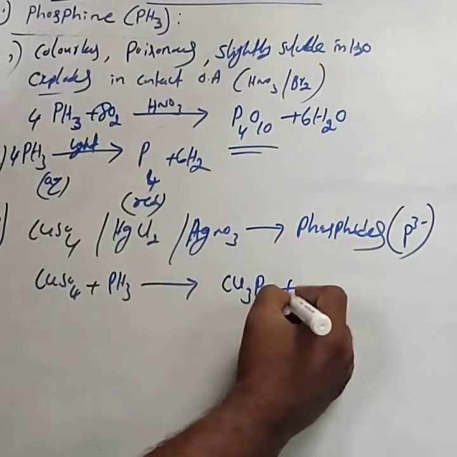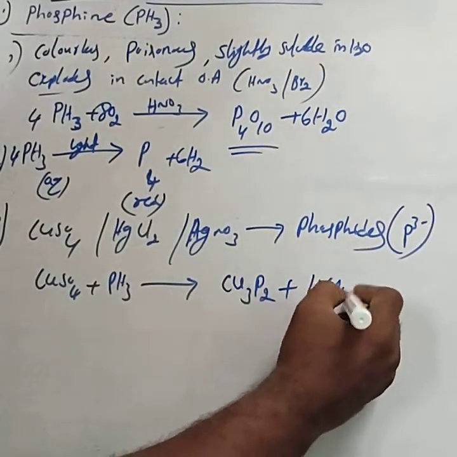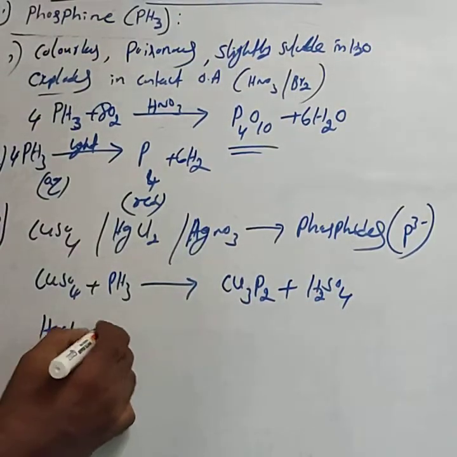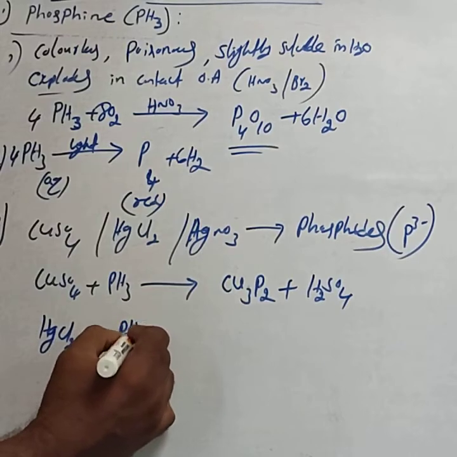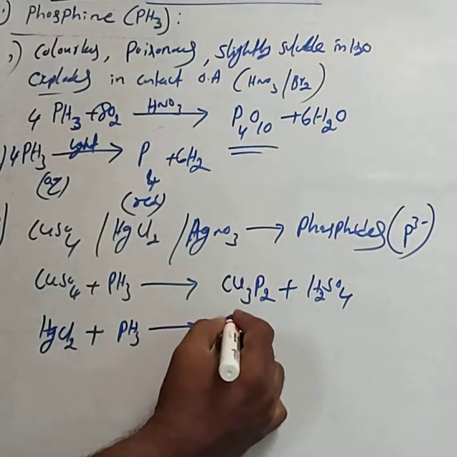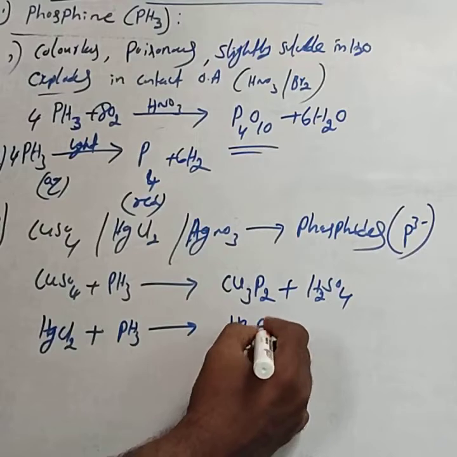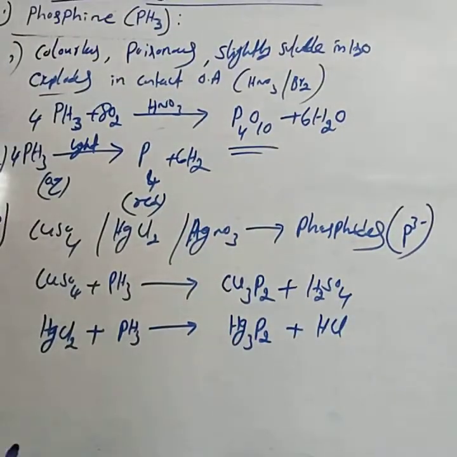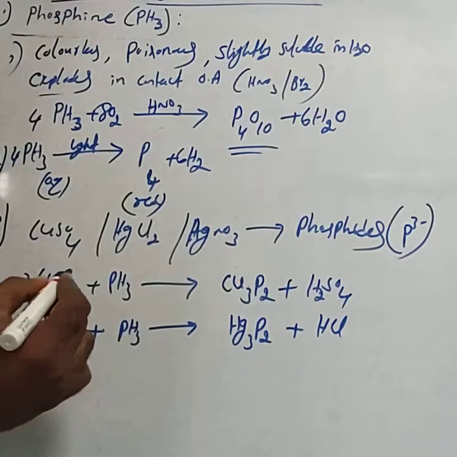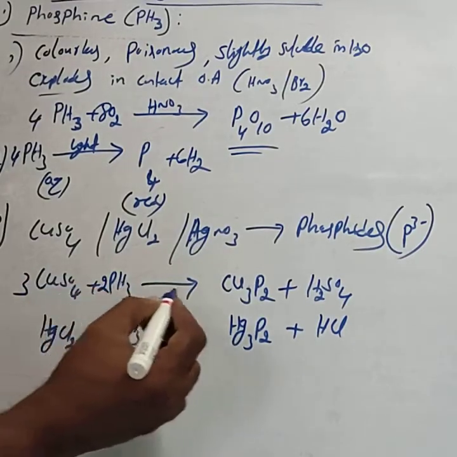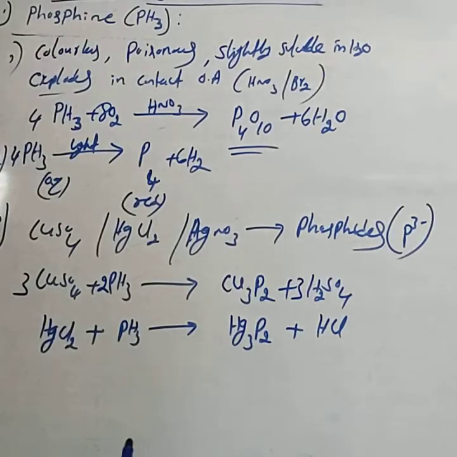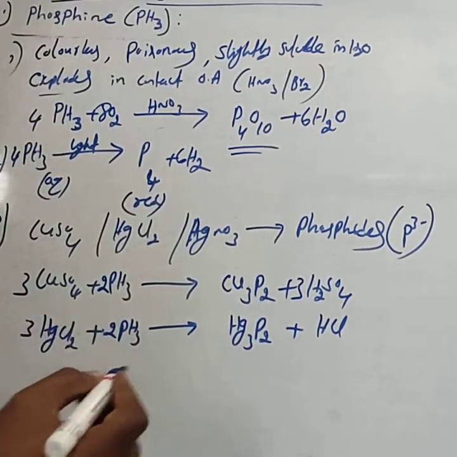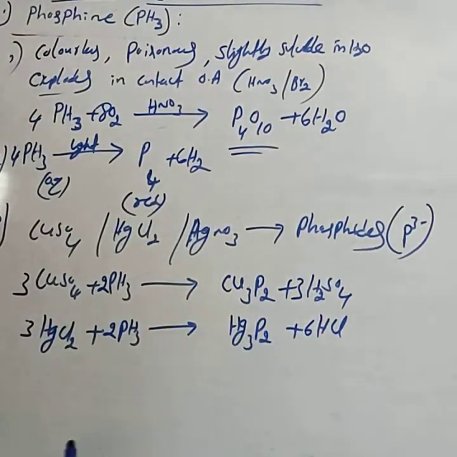Cupric phosphide is formed along with H2SO4. With mercury chloride HgCl2, phosphine forms mercury phosphide Hg3P2 and HCl: 3CuSO4 + 2PH3 gives Cu3P2 + 3H2SO4. Similarly 3HgCl2 + 2PH3 gives Hg3P2 + 6HCl.